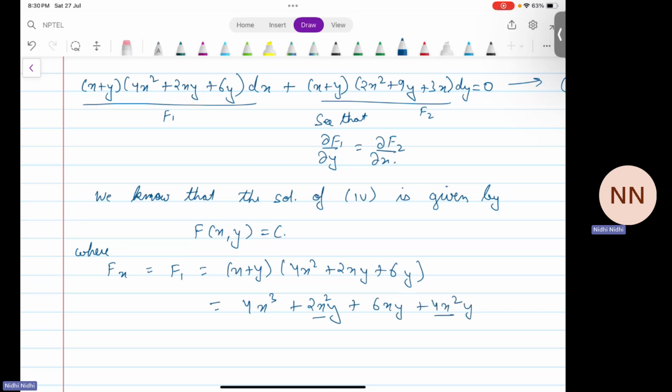Now this 4 plus 2x square y gives us 6x square y, so we'll replace it by 6x square y. Then we have 2xy square plus 6y square.